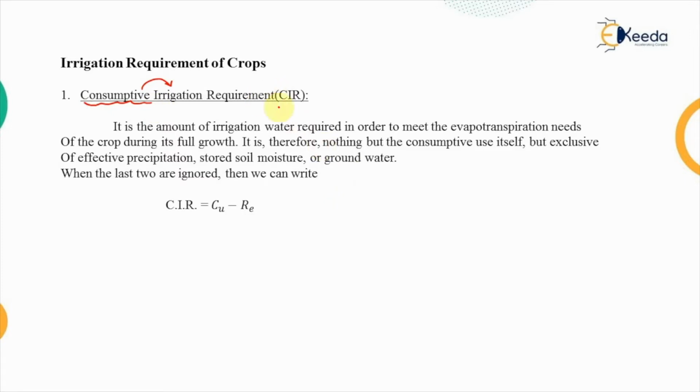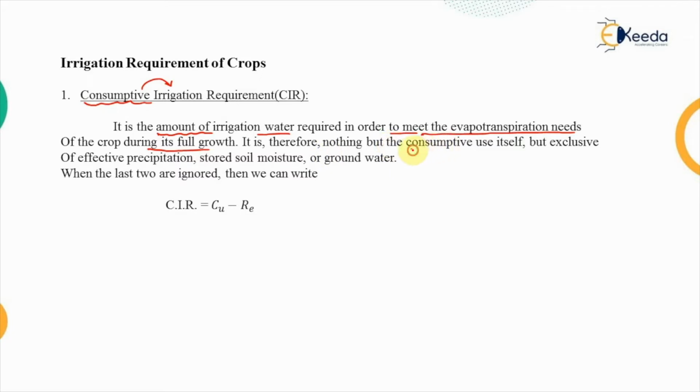Now this irrigation requirement will be the same one, that is the amount of irrigation water which is required in order to meet the evapotranspiration needs of the crop during its full growth.